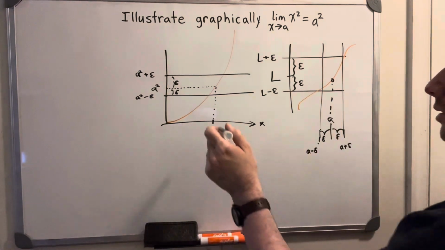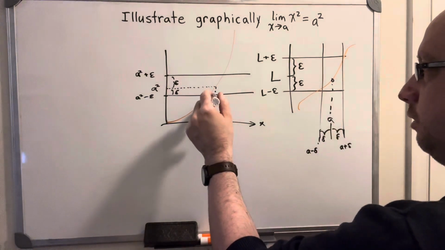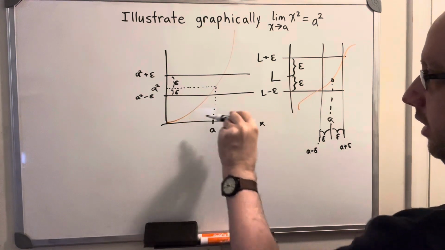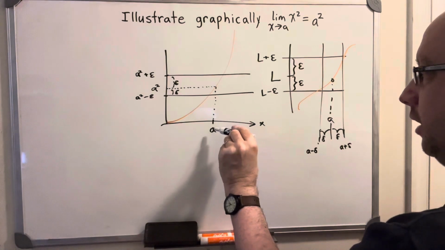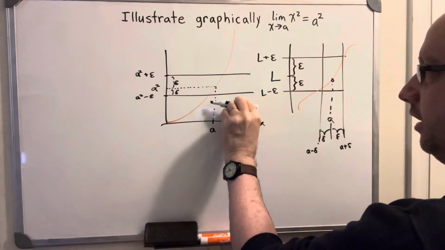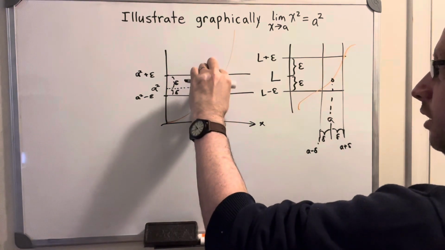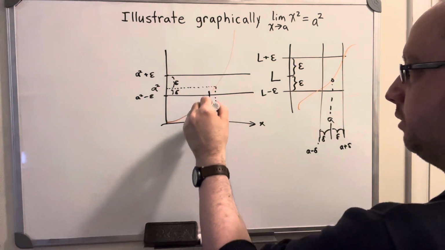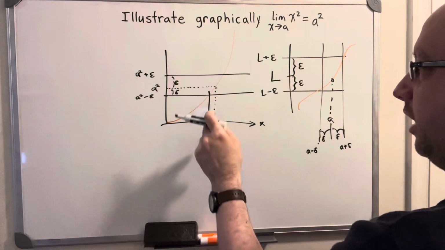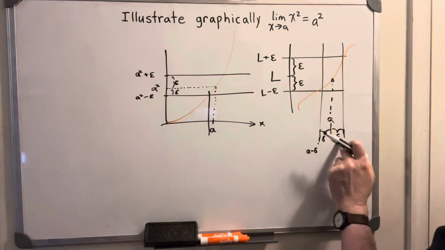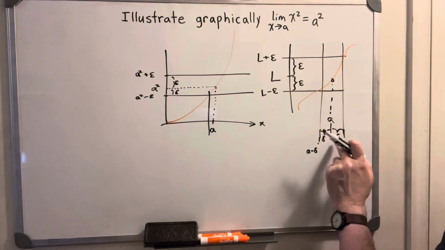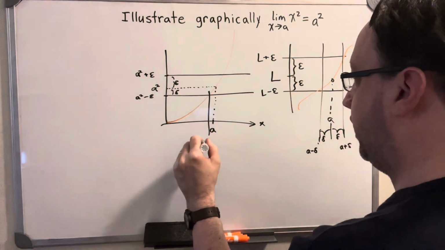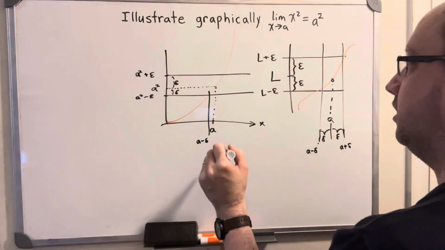And what is the farthest away that we can get from this value A and still stay within the horizontal boundaries? Maybe it's this one. And now with delta, since we chose the same value, this is A minus delta.